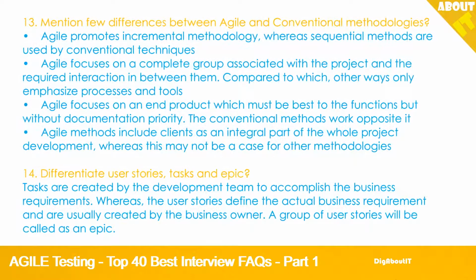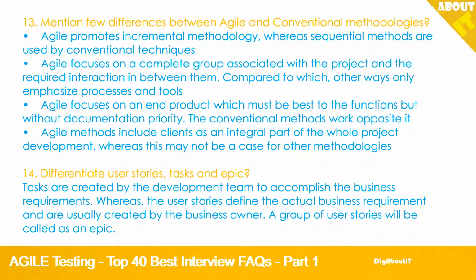13. Mention a few differences between Agile and conventional methodologies. Agile promotes incremental methodology, whereas sequential methods are used by conventional techniques. Agile focuses on the complete group associated with the project and the required interaction between them, compared to which other ways only emphasize processes and tools.